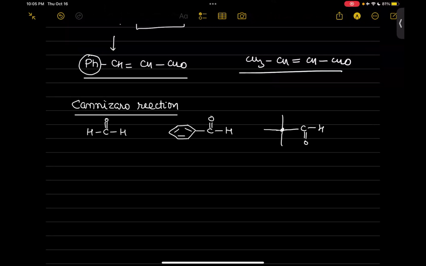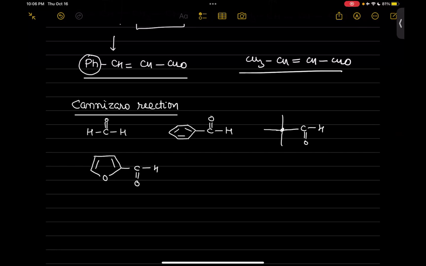You have a lot of other molecules, but not very famous. These three are the most famous. This also doesn't have any alpha hydrogen. This is the alpha carbon and it is already bonded by 4 bonds, so there is no place for any hydrogen. Got it? Clear or not?